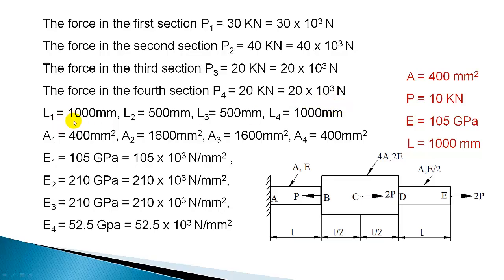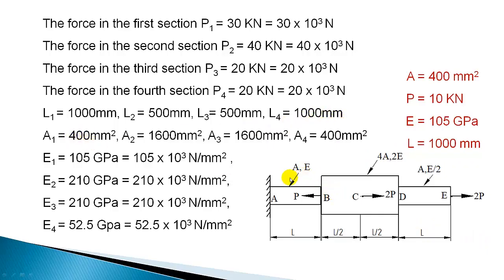L1 is given as L. L is 1000 mm, so directly I have taken 1000 mm. L2 is L by 2, which is 500 mm, and L3 is also L by 2, which is again 500 mm. L4 is L, 1000 mm.